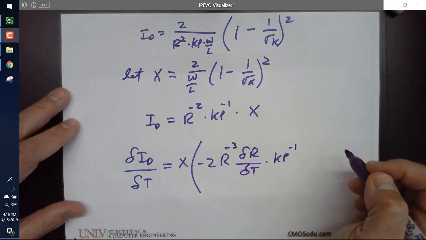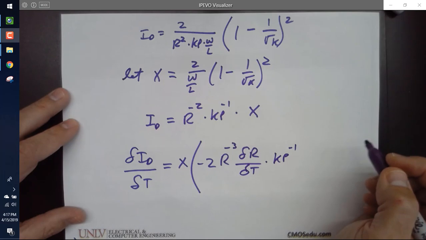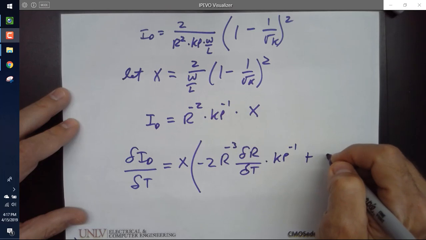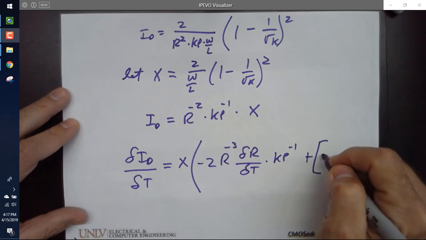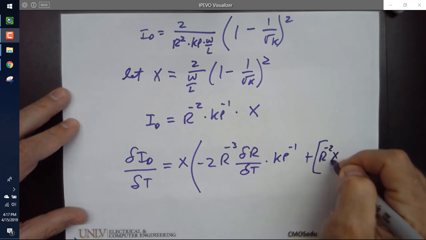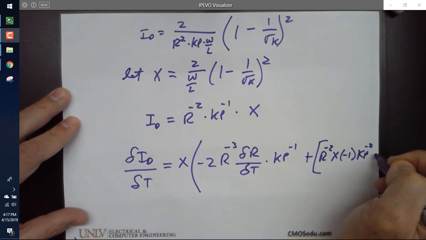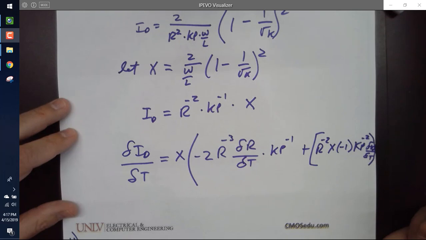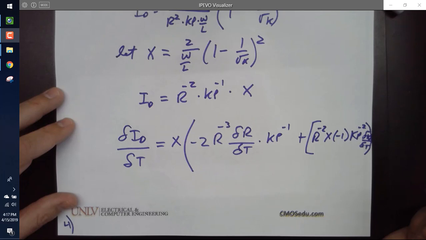Here's where I'm always afraid people don't know calculus. All right. Plus. Well, it's actually minus. Well, let's leave it plus and I'll just put here square brackets. All right, looking good? Who agrees with that?